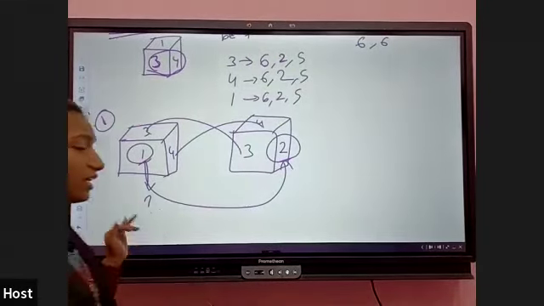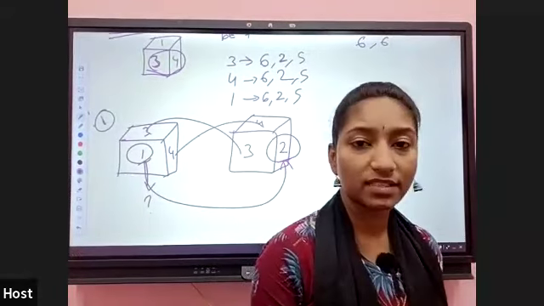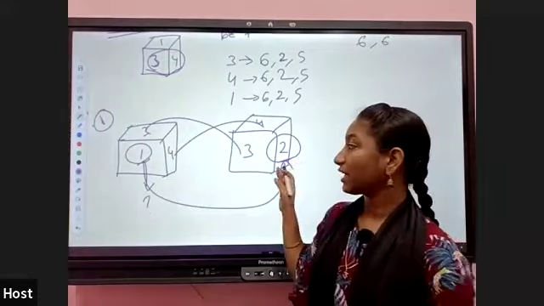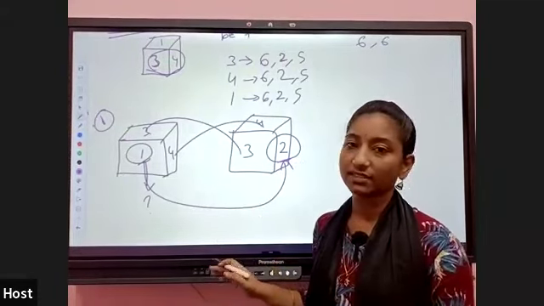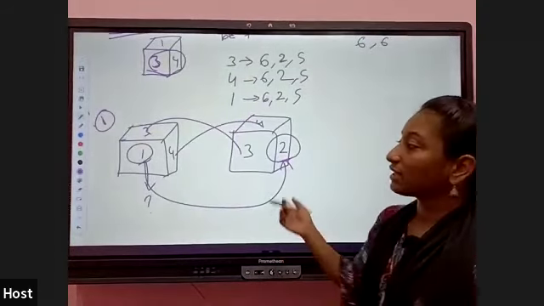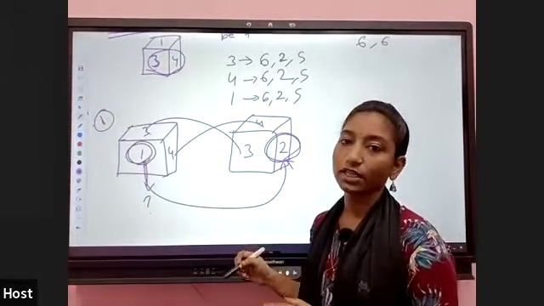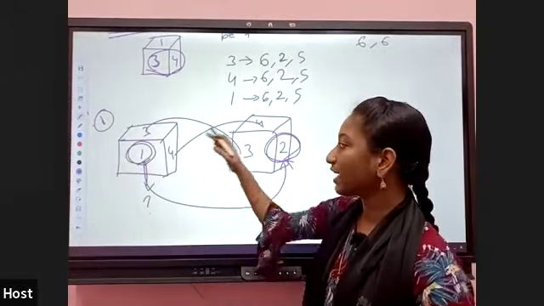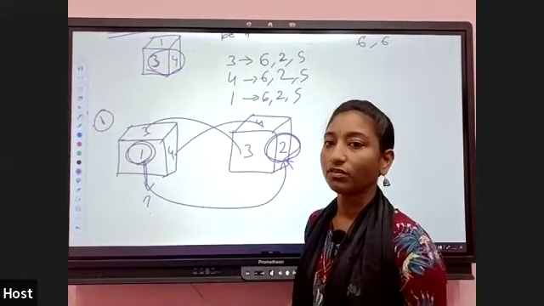If in the given question, 2 dice or 3 dice, we can see only 3 sides of the dice. So if 2 numbers are common, the third numbers are opposite. Here 3 and 4 are common, so 1 is opposite to 2, 2 is opposite to 1.